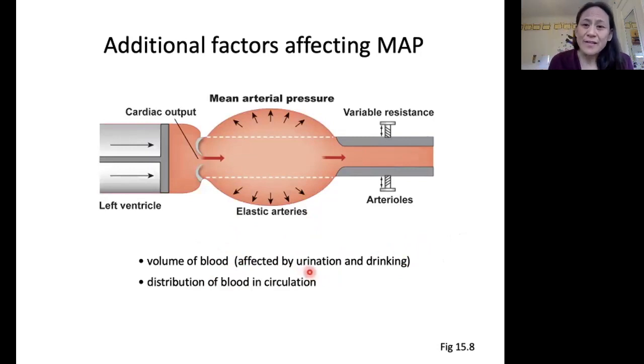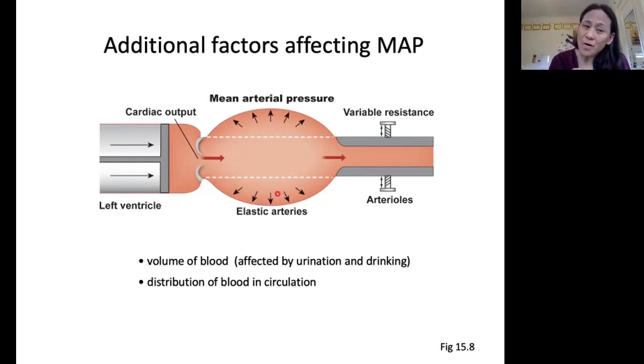Another thing that's going to affect MAP is the distribution of the blood in the circulation. MAP stands for mean arterial pressure, which represents the pressure in the arteries. So if we move blood to our arteries, that is going to increase MAP. I do want to point out, usually our arteries hold about 11% of our total blood volume.